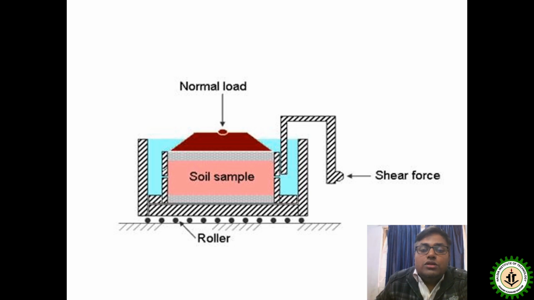So we will be applying the sigma, and we are finding out the tau, that is, how much it is resisting. Because on the left hand side, the lower half, how much it is resisting, that we will be measuring.